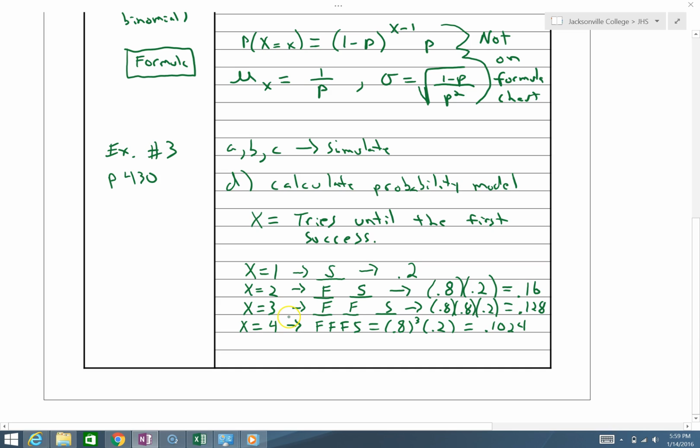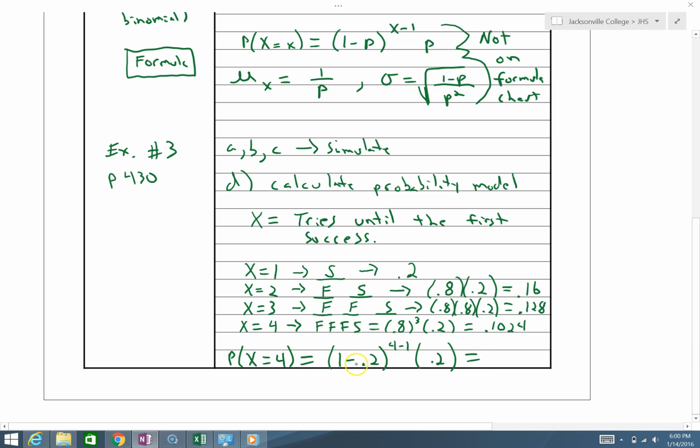Now let's see if we can use the formula that we saw previously to arrive at this same probability. Well, the formula says the probability that X is equal to 4 is equal to 1 minus P, in this case P is 0.2 for us, 1 minus 0.2, to the power of X minus 1. Our X is the number that we're talking about here, this 4. 4 minus 1 times our P, that's our probability of success, 0.2.